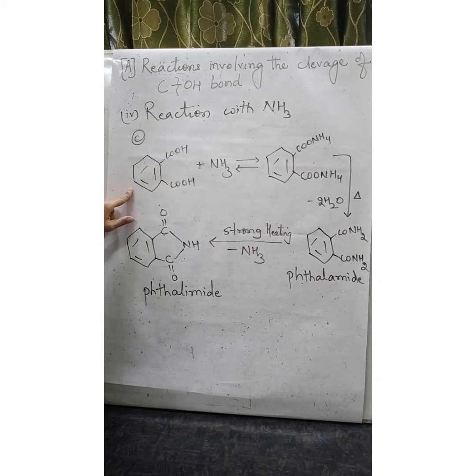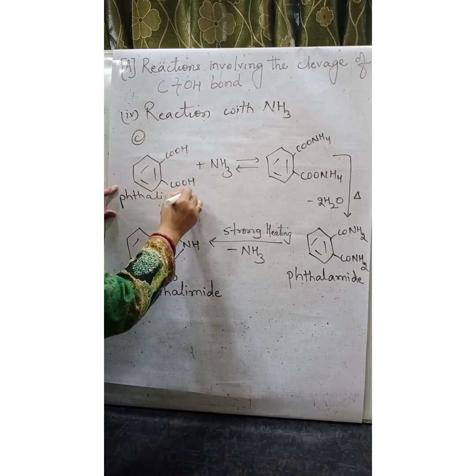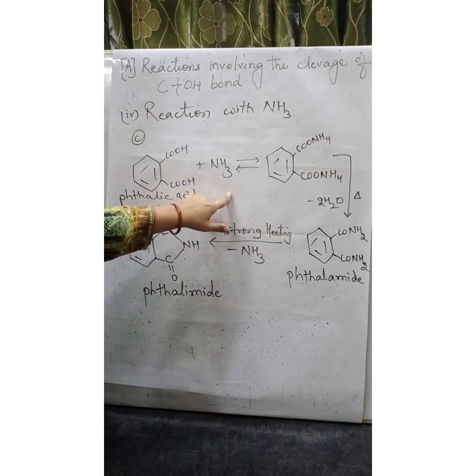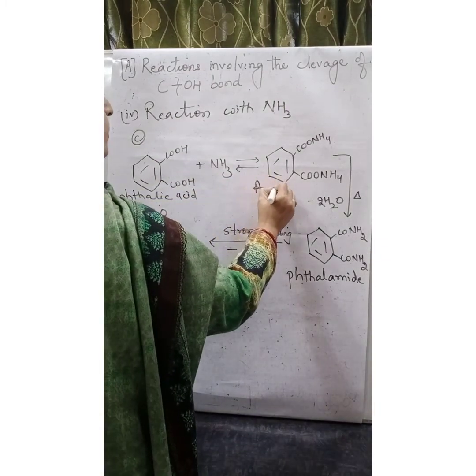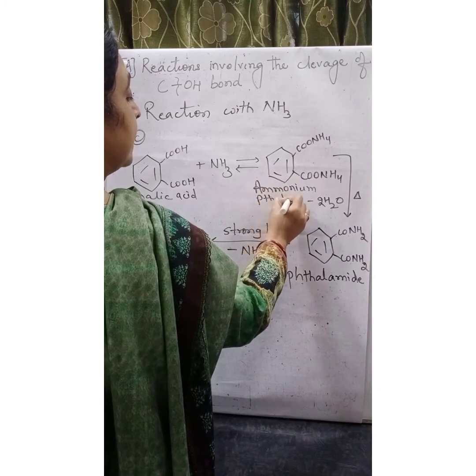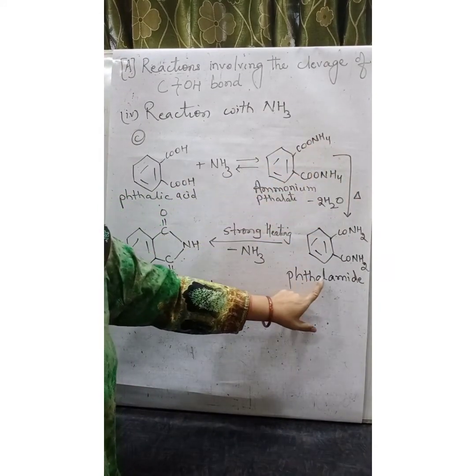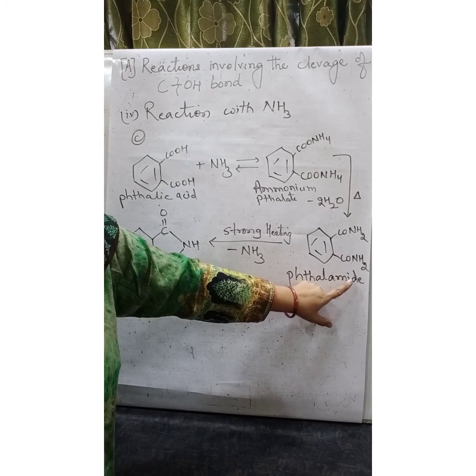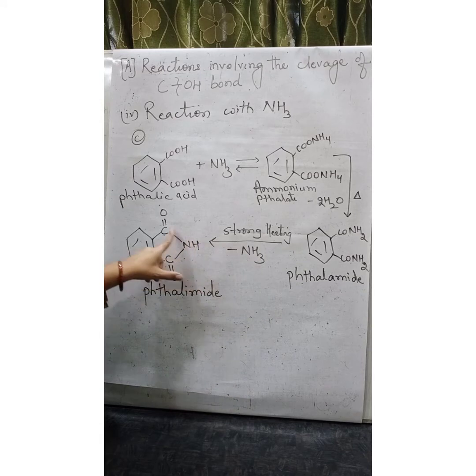Let us see this reaction with ammonia with phthalic acid. Phthalic acid reacts with ammonia to form ammonium phthalate, which on heating loses two molecules of water to form phthalamide. Phthalamide on strong heating loses a molecule of ammonia to form a closed ring structure, phthalimide.